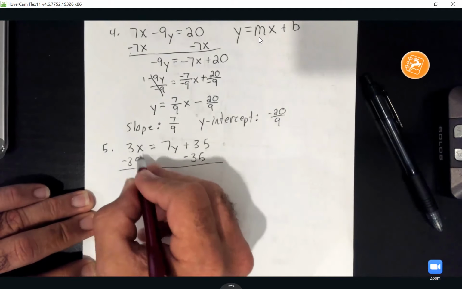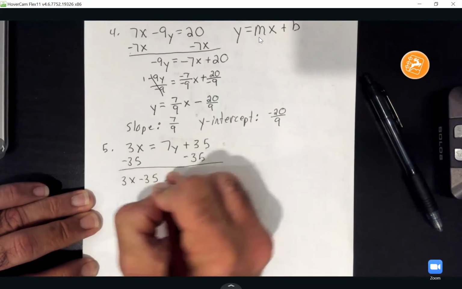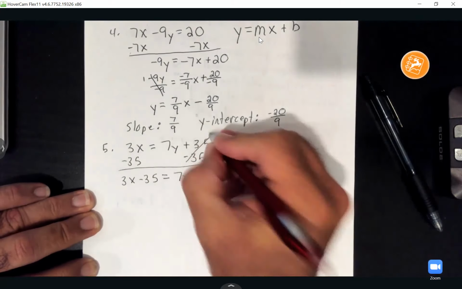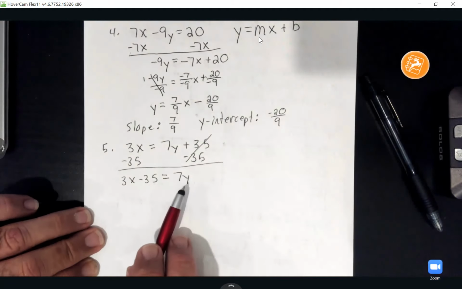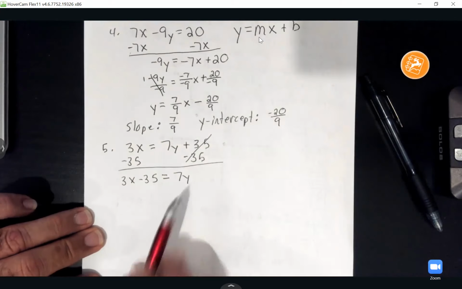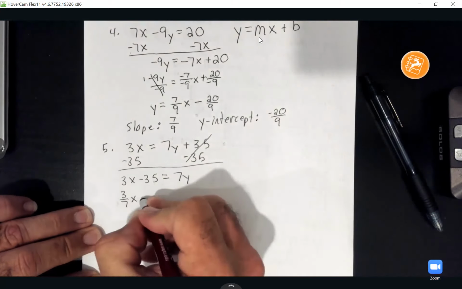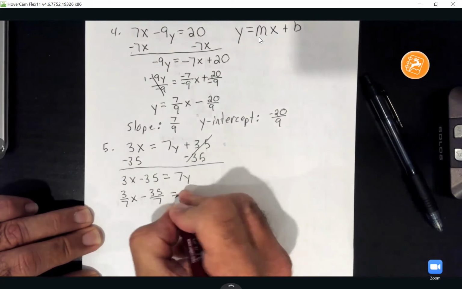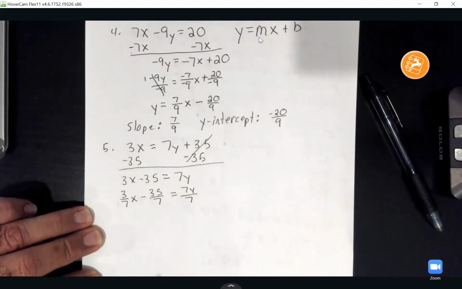These are not like terms, so that's going to stay 3x minus 35. That's going to equal that 7y because that stuff cancels. Now, I'm focusing on my y still. I'm going to divide by 7. Good job. So 3 divided by 7x minus 35 divided by 7 will equal my 7y divided by 7.